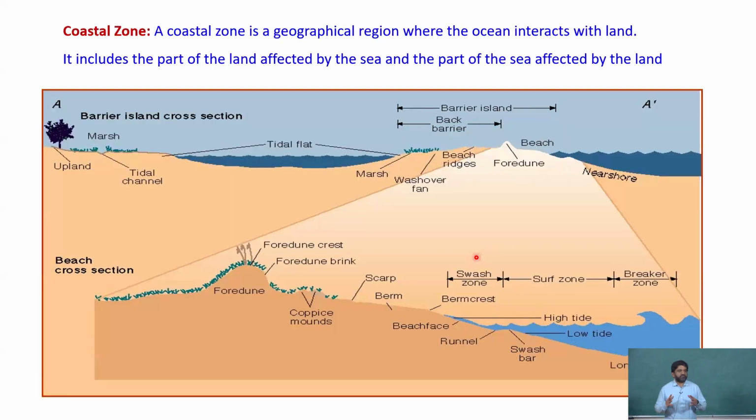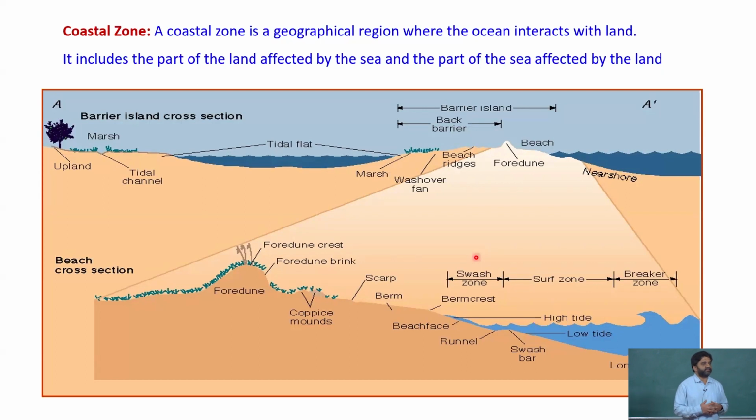So as you have known, over the period of this course, you would have understood what a coastal zone is, and it is the region where you have land and sea interacting, and various processes take place, and you try to model these things. So over here I have presented to you a very typical cross section of a coastal region, and you can see the beach, you can see the waves, you can see a small tidal flat, etc. Each of us would have an interest in this coastal zone.